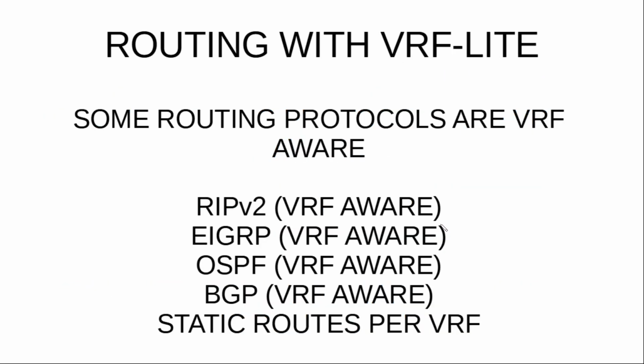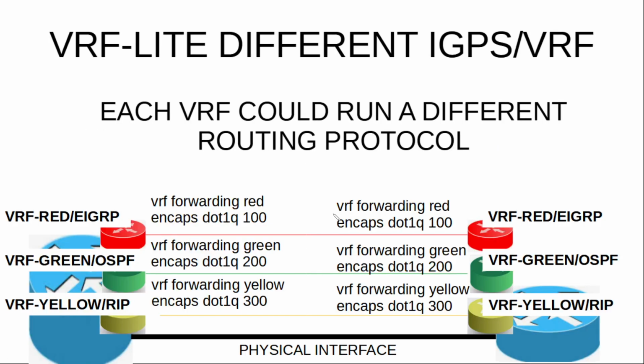With VRF Lite, each VRF can run its own protocol. There are some routing protocols that are VRF aware, for instance, RIP version 2, EIGRP, OSPF, BGP, and you can do static routing per VRF. So you have several options here. You could choose to use a different routing protocol per VRF.